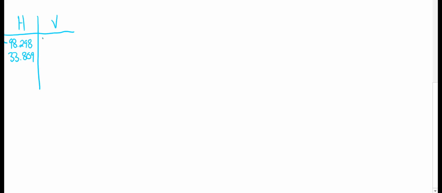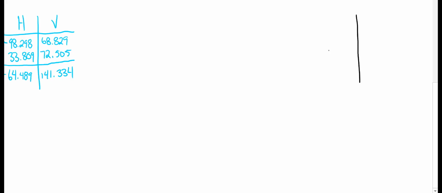Our vertical values, 68.829 and 72.505. Total those up. You're left with negative 64.489 and 141.334. Now looking at these two values here, I have a negative horizontal.